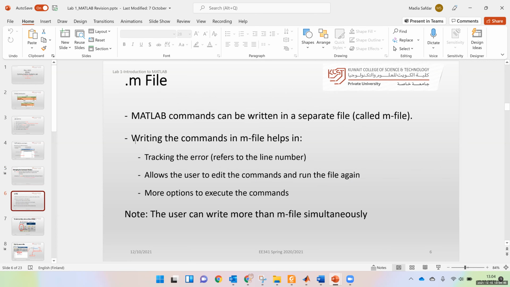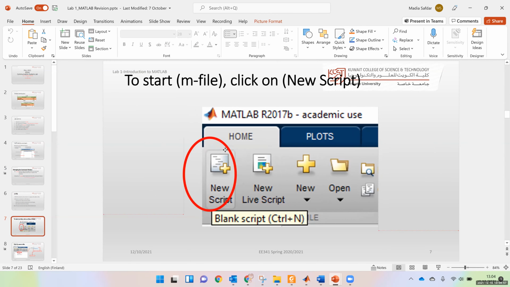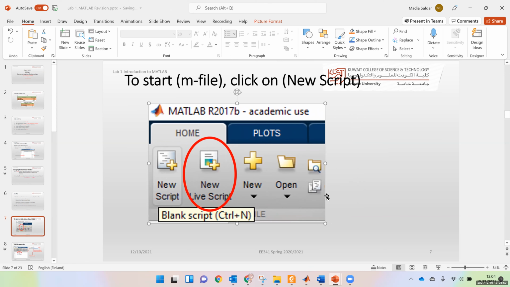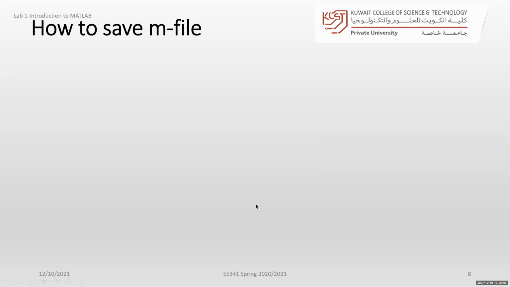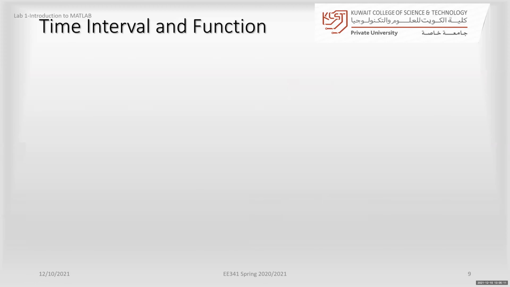The M file is the file where we write our code, and you are already familiar with it, but instead of this, we were using a new MATLAB live script. Then we save the file with Save As, and the file is saved.